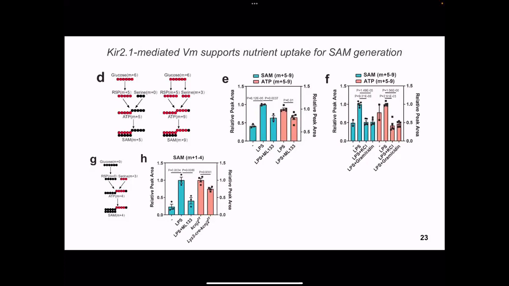We next also examined SAM generation fueled not only by glucose, but also by amino acid uptake, such as serine. We also found a similar reduction of the M+1 to 4 SAM fed by the carbon-13 serine-derived carbons.